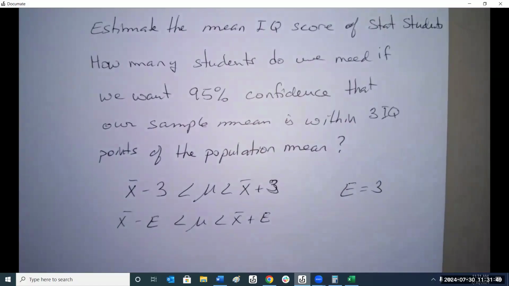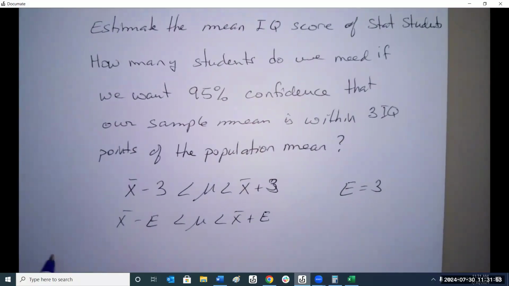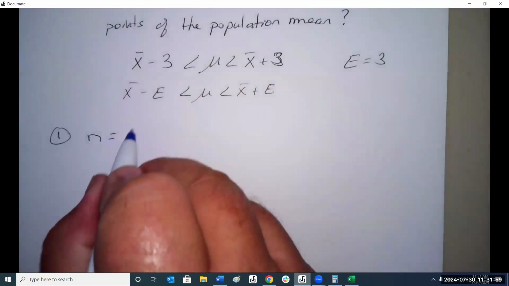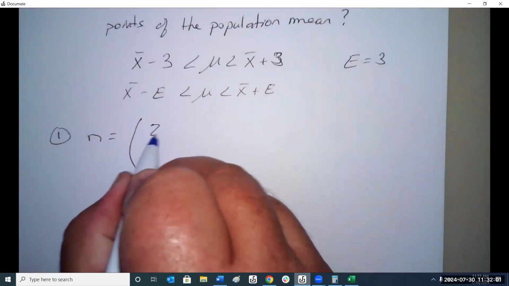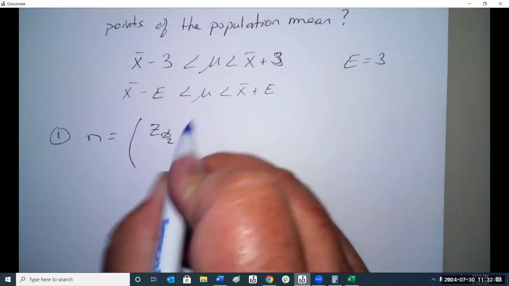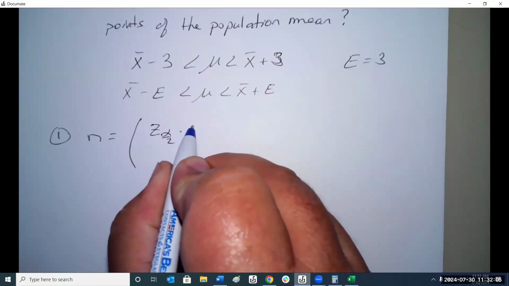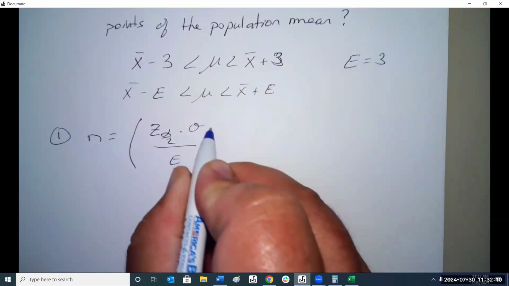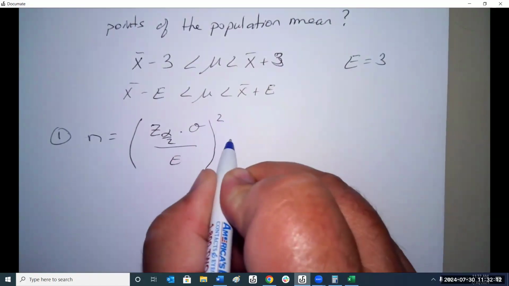So what are we going to figure out? Now we have to figure out what is n. Z alpha over 2 times rho over E, squared.